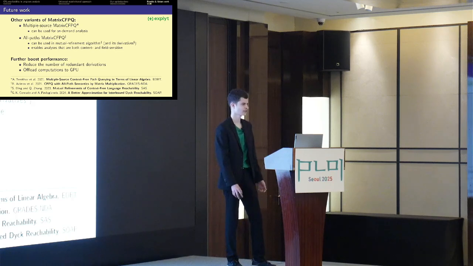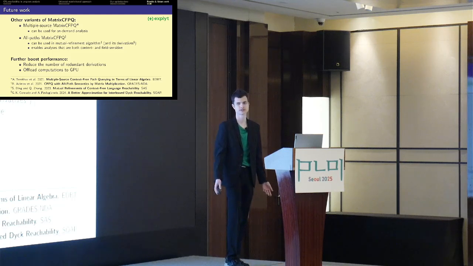Thank you for your question. It is indeed true that transferring data to the GPU can be more costly than actually performing the operations. And here we have some results with the baseline MatrixCFPQ.